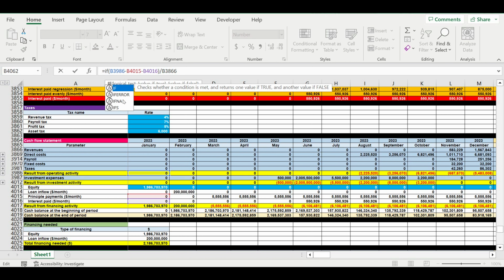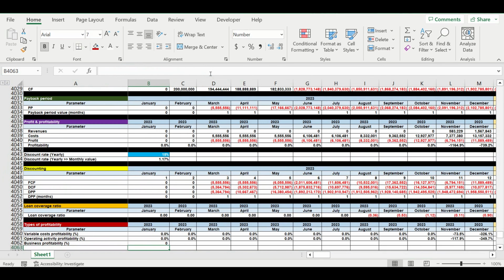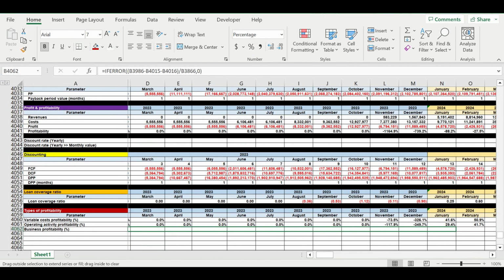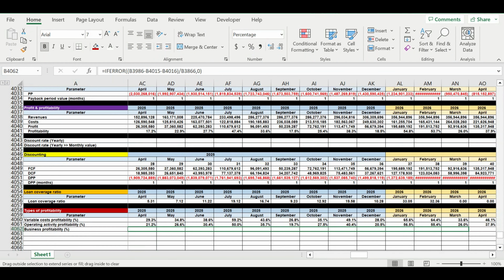If error, I will put here 0, closing brackets, pressing enter. I will take the percentage format here, extrapolating this formula to the right.